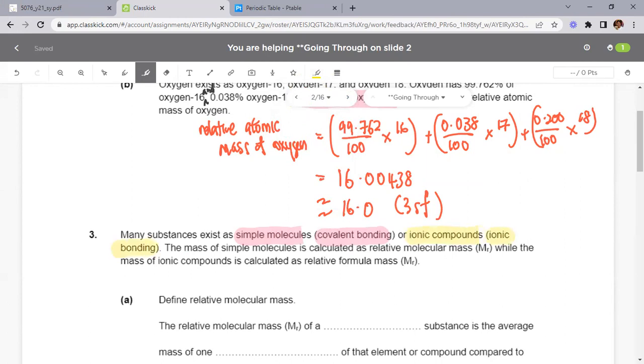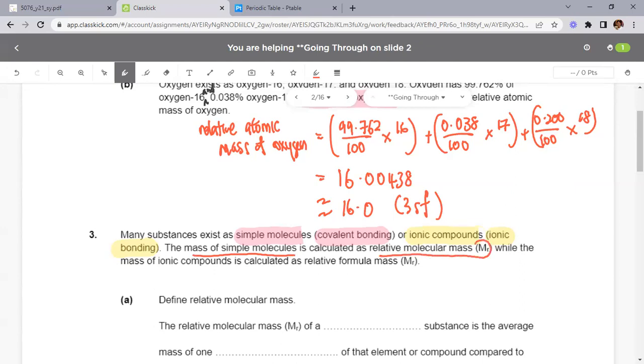Okay, so how do we calculate the mass of these substances? Take note, the terminology we use is different, but the symbol to represent it is similar. So the mass of simple molecules is calculated as relative molecular mass.